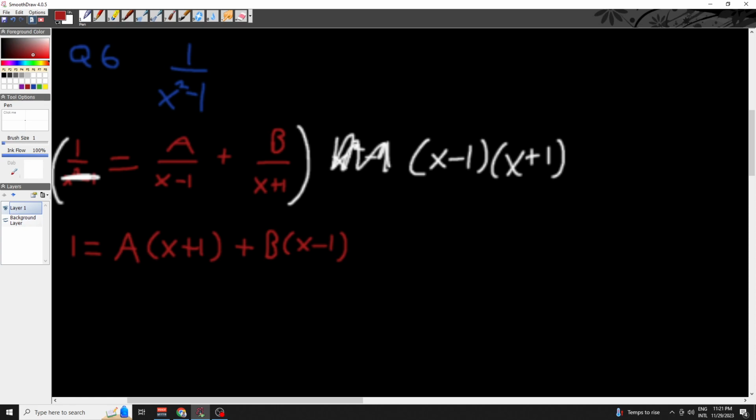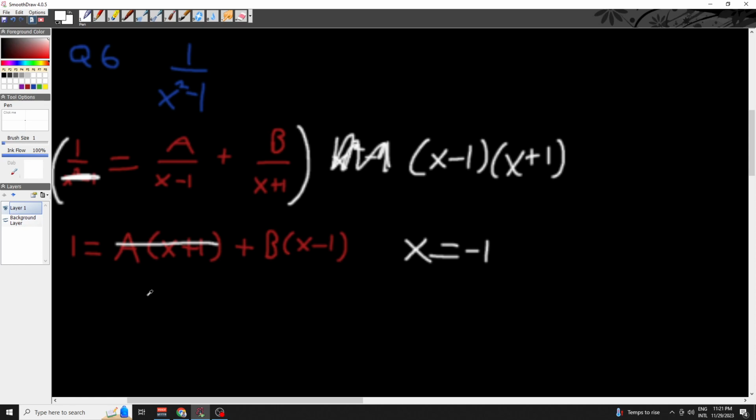From here, I gotta check what happens in the work. Okay, we can set x to whatever we like. So in this case, we're gonna set x equal to -1 in order to eliminate the a variable, because if x is equal to -1, that kills a and just leaves b for solving.